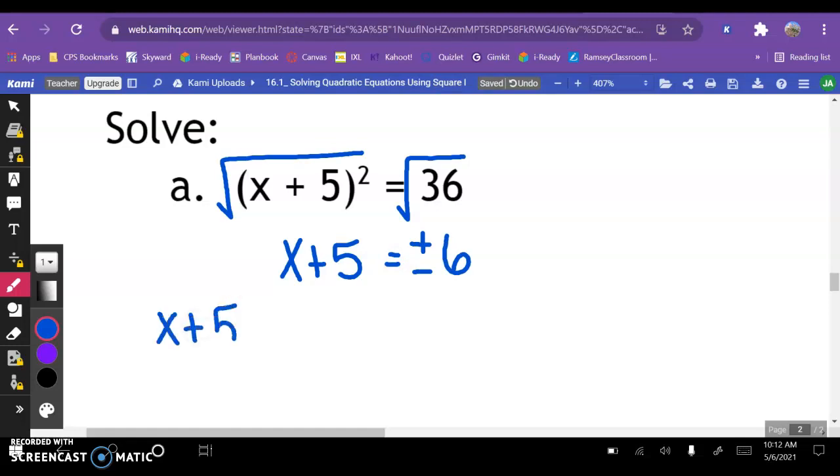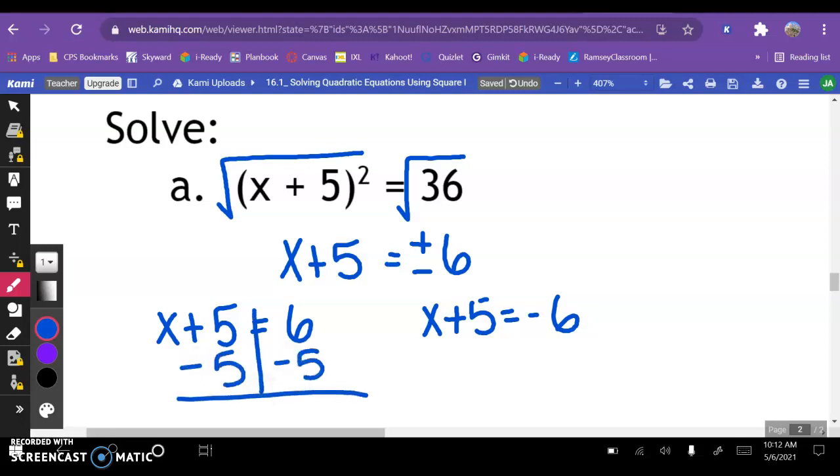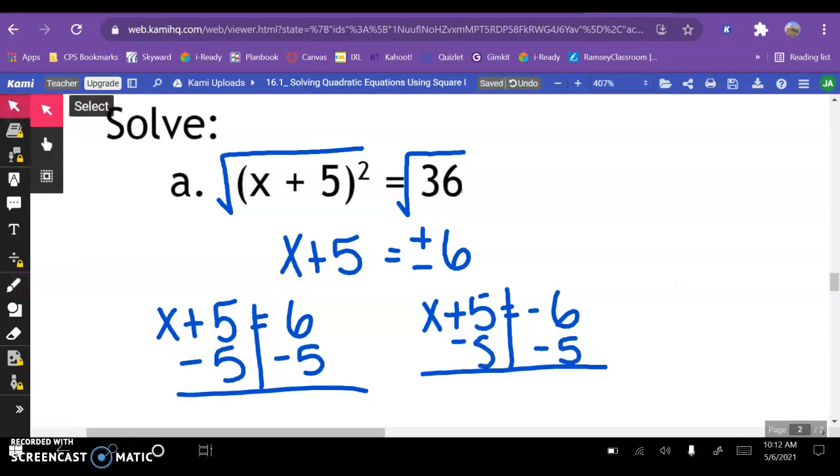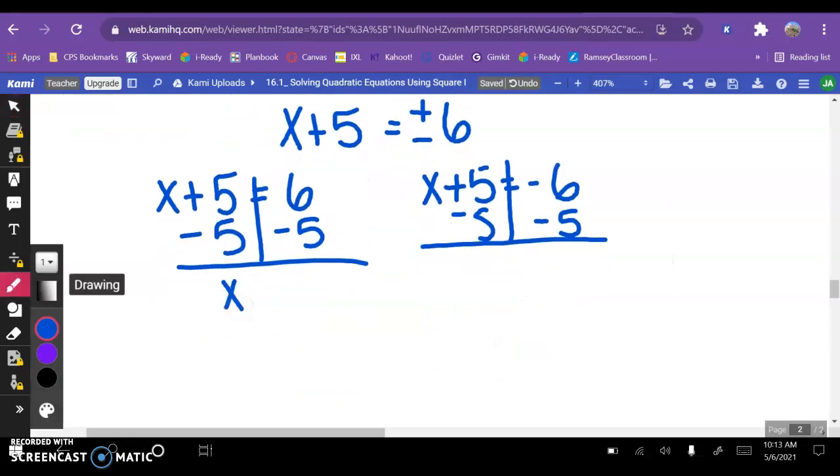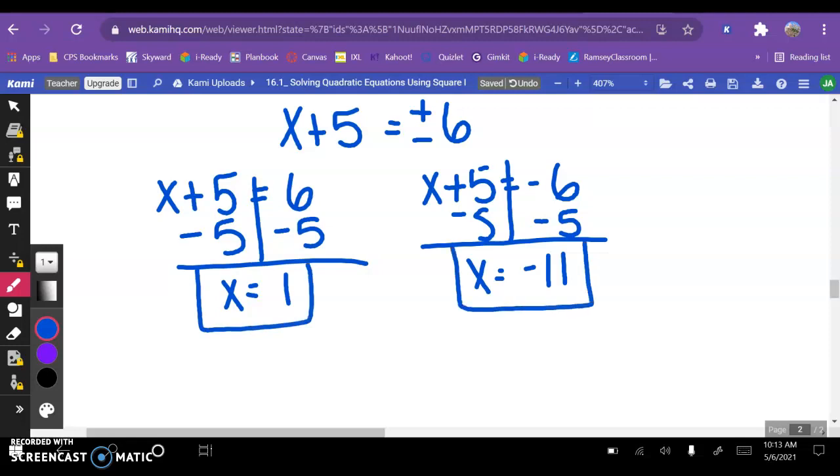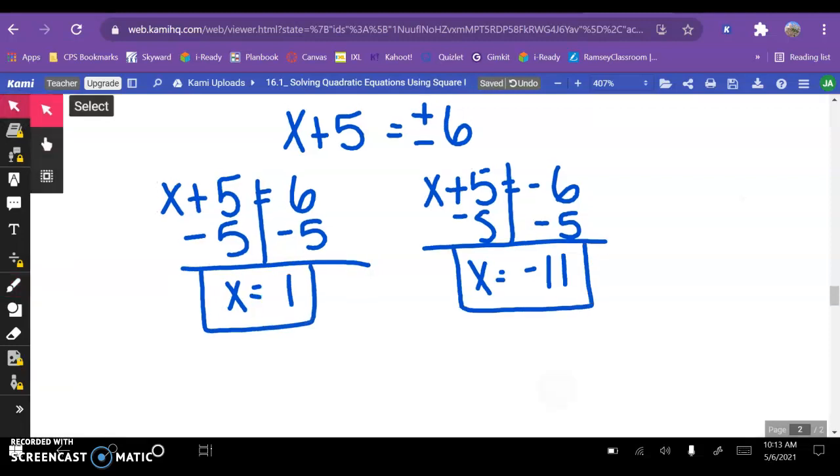So we actually have 2 problems here. We have x plus 5 equals positive 6, and we have x plus 5 equals negative 6. So I'm going to subtract 5 on both sides of both equations. And I'm going to get x equals 1 here, and I'm going to get x equals negative 11 over here. So those are our 2 answers for this question.